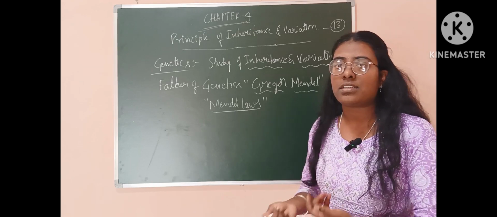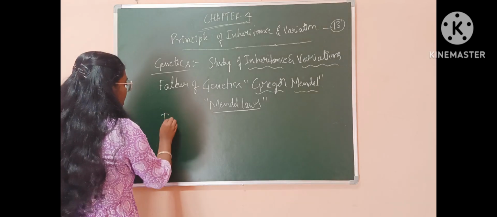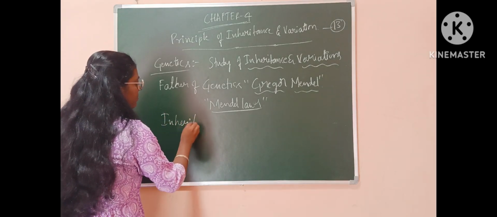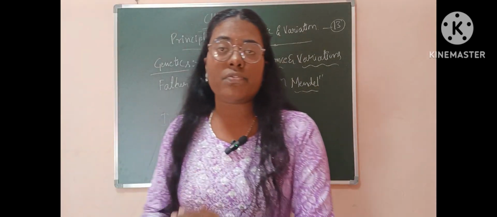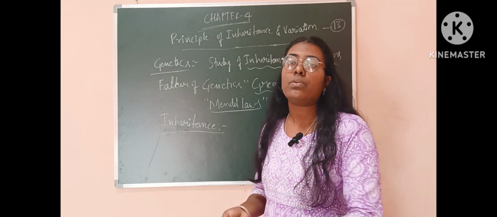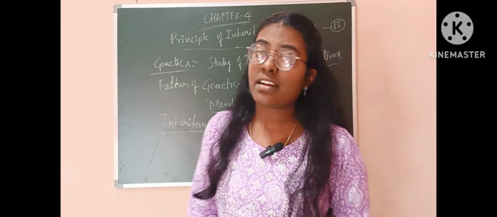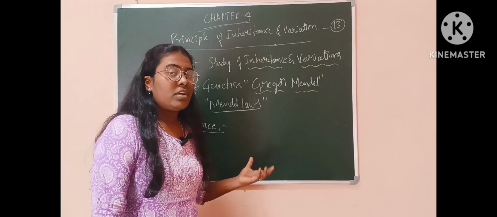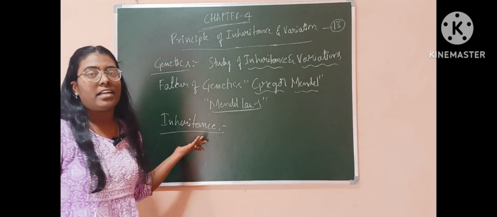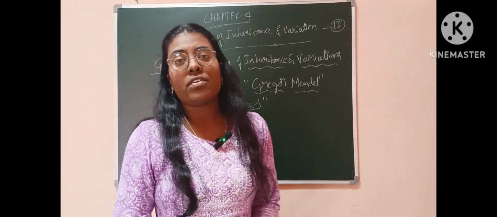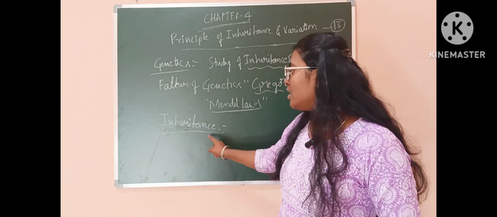Genetics is the study of inheritance and variation. Then what is the meaning of inheritance? Inheritance means the process of transfer of genes from one generation to the next generation. In means inside, and heritance means transferring. So transferring of genes inside the same family is called inheritance.